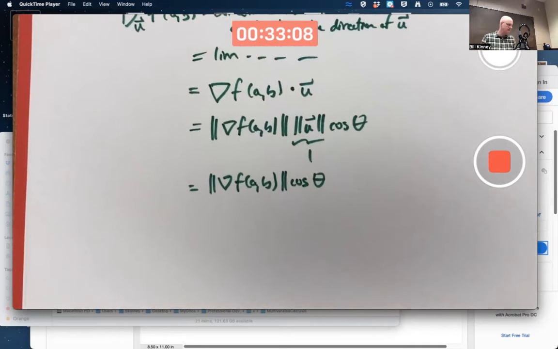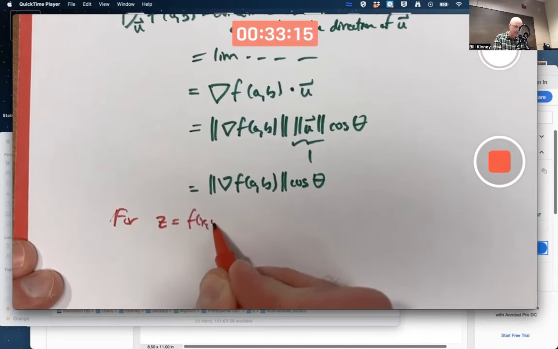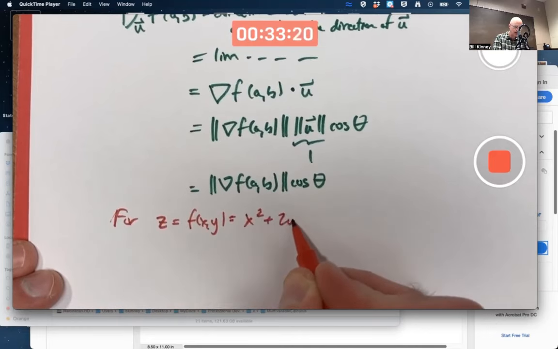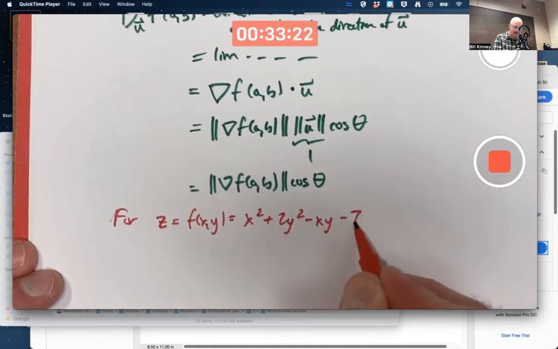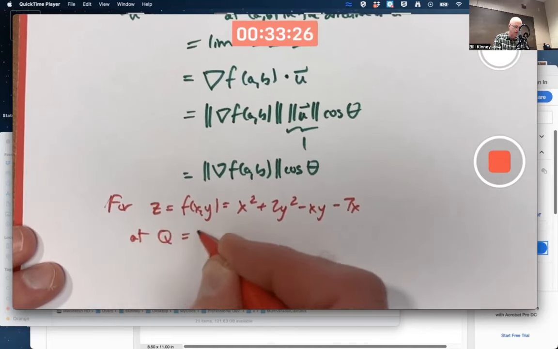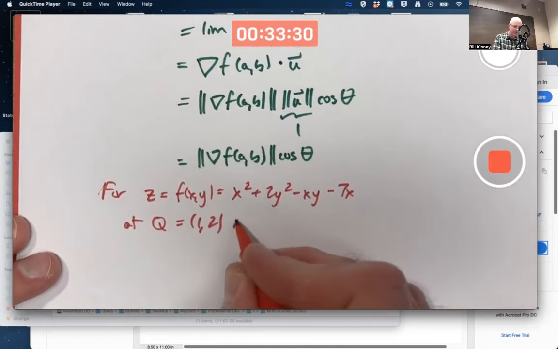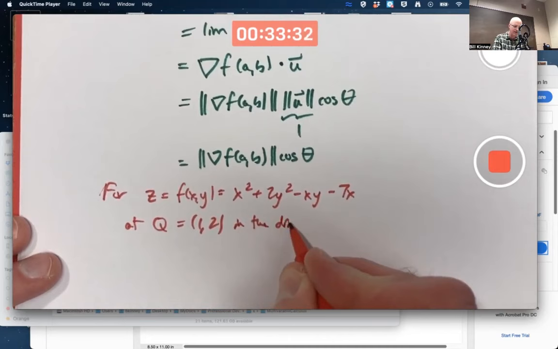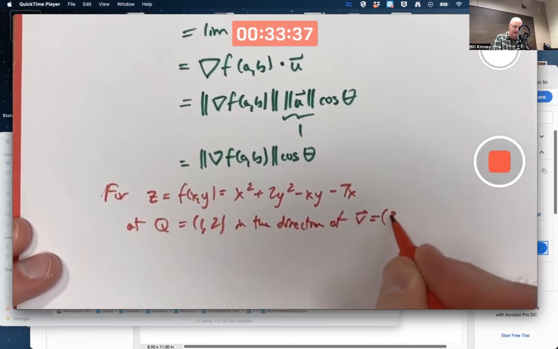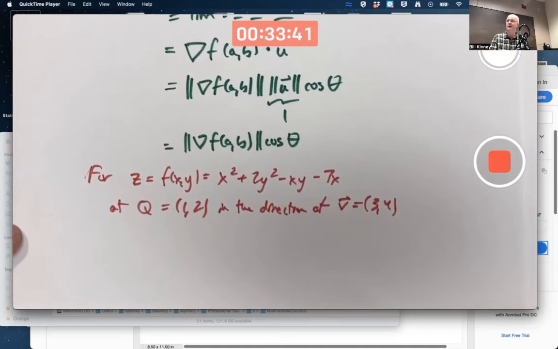For our example, for z equals f of (x,y) equals x squared plus 2y squared minus xy minus 7x, at, let's say, the point Q, which was (1,2), in the direction of, let me pick a non-unit vector, v equals, say, <3,4>, how would I find the directional derivative?